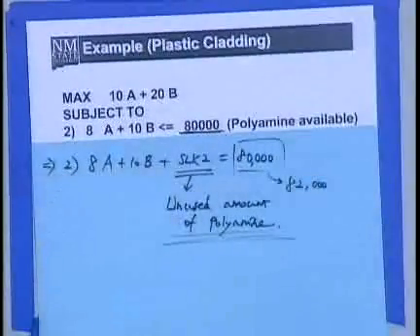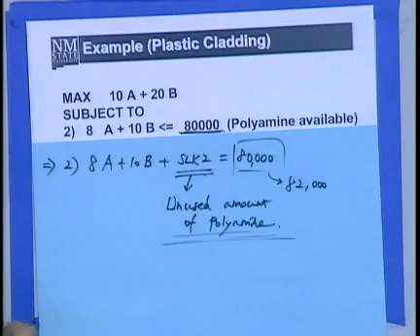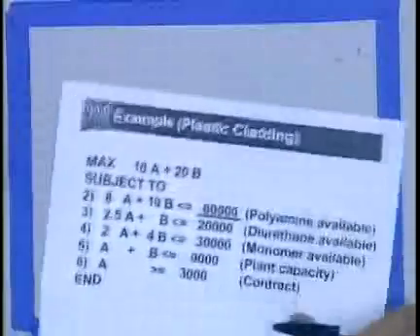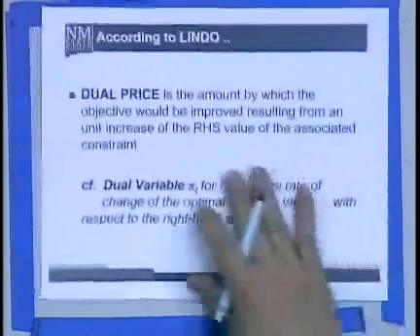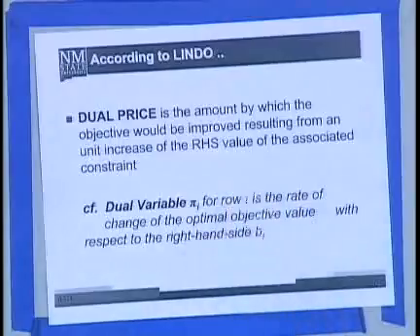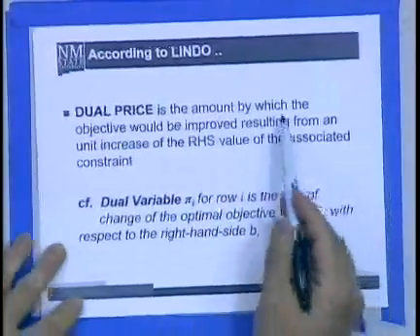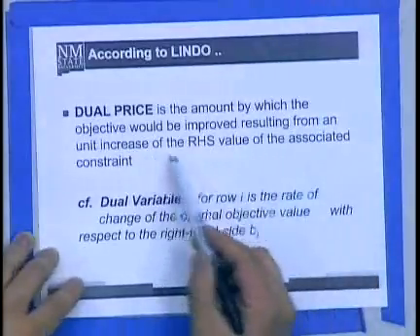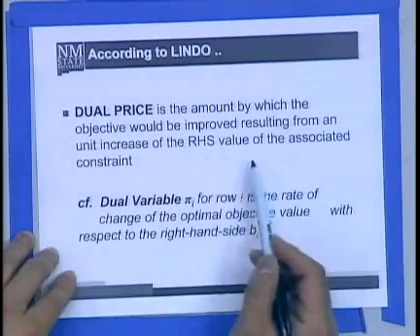So we need to look at the dual price. Because dual price is the improvement in the objective function value resulting from a unit increase of the right-hand side value of the constraint.